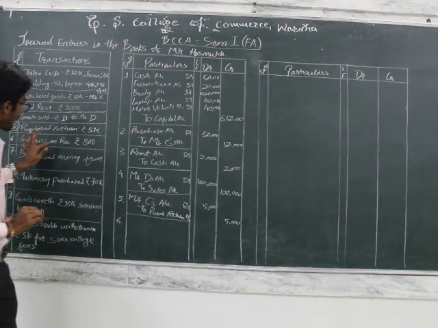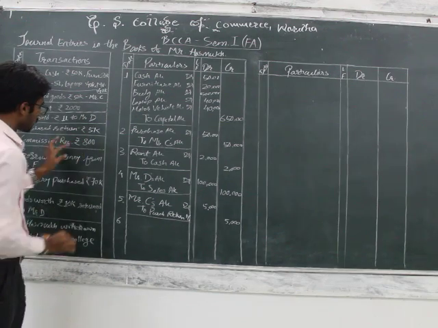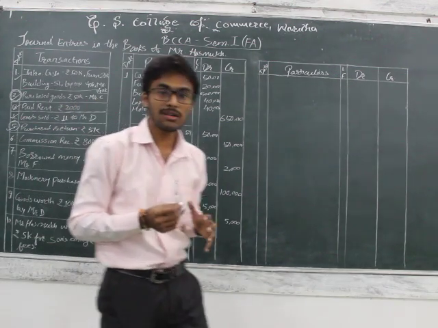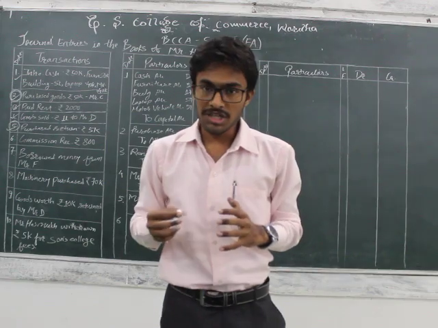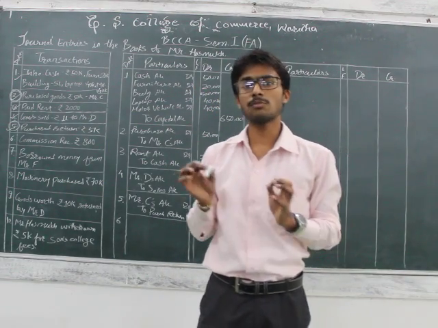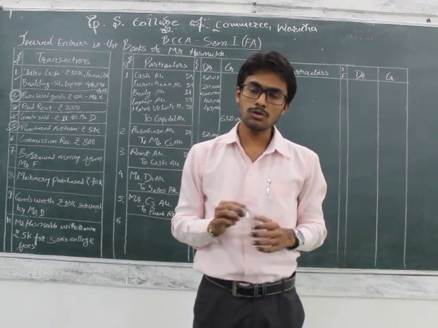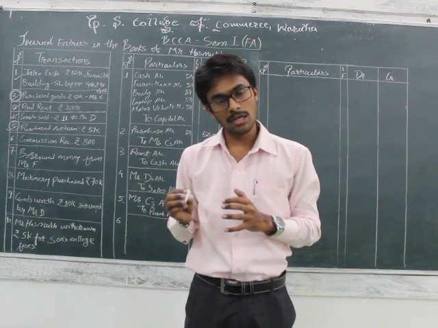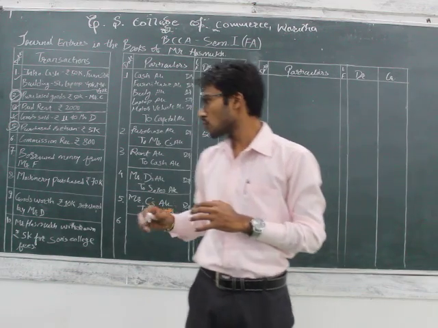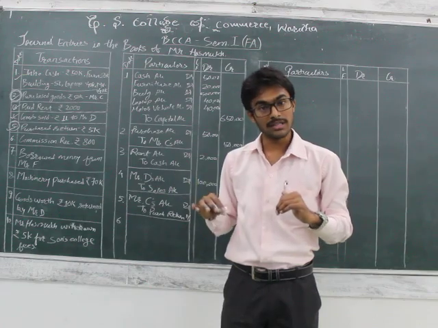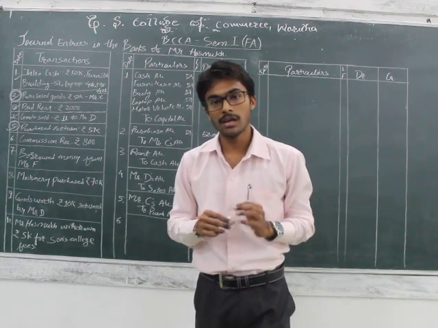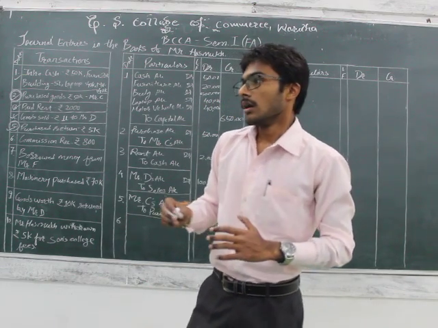Sixth, commission received, rupees 800. We have received commission. Commission received means commission is my income, and the nominal account rule says debit all expenses and losses, credit all income and gains. So commission is my income, that's why commission will be credited. And what will be debited then?